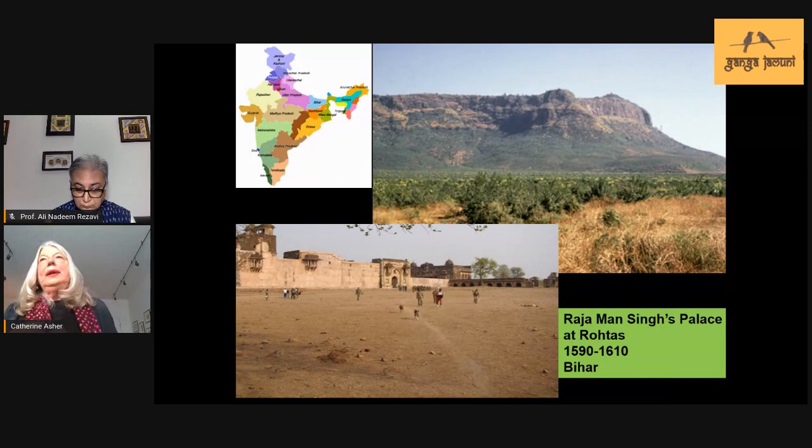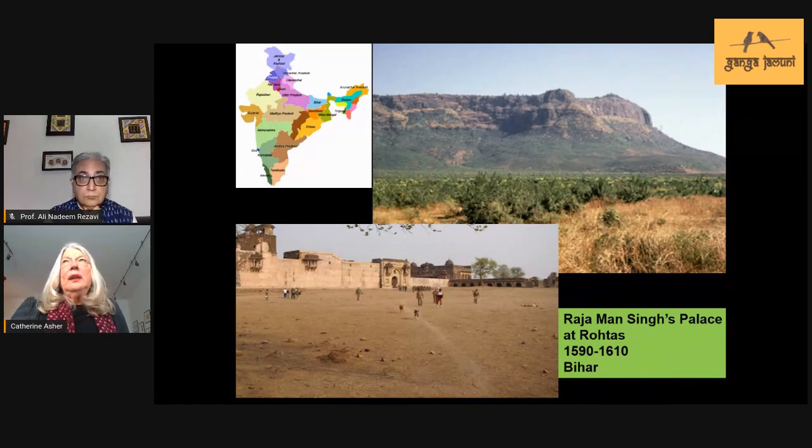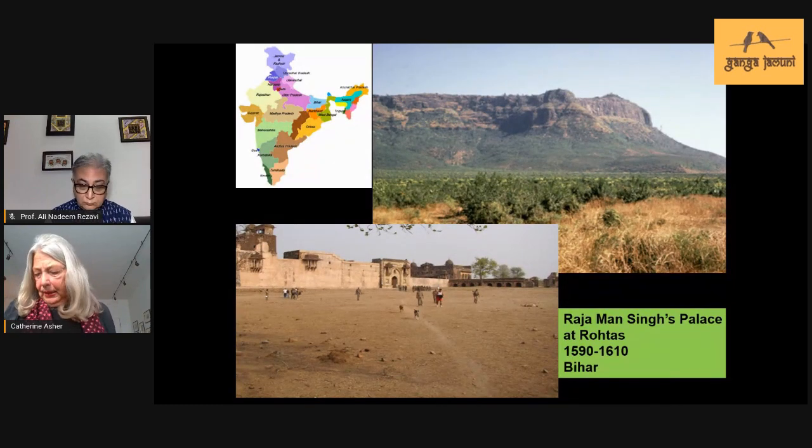It was built again over an extended period of time between 1590 and 1610. It is in Bihar in what is now Rohtas district on the top of this hill that I show you in this picture.